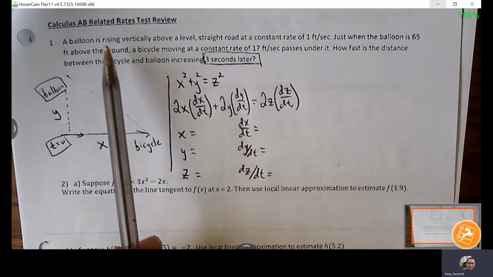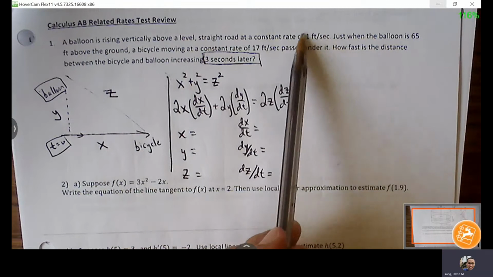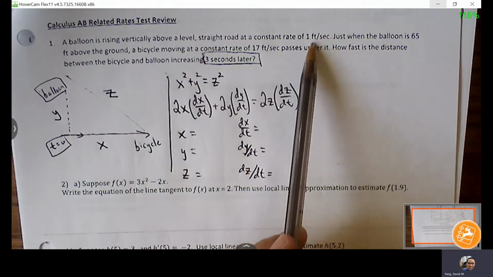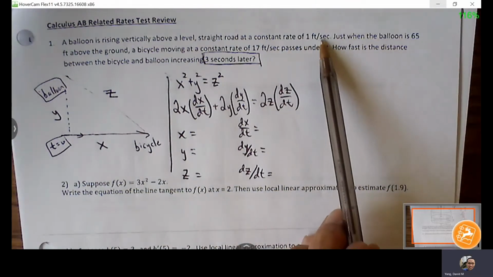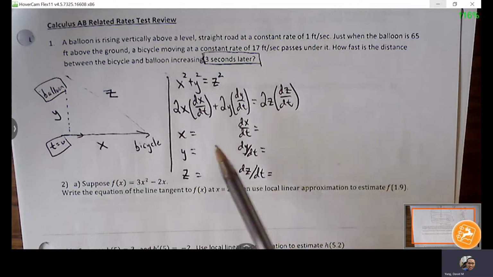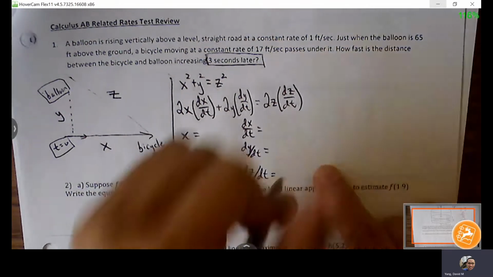Okay, balloon is rising vertically above a straight road at a constant rate of 1 foot per second. What do you think that is going to replace? Good, right? We know it's a time involvement. It can't be one of these. It's a vertical movement, so dy/dt.